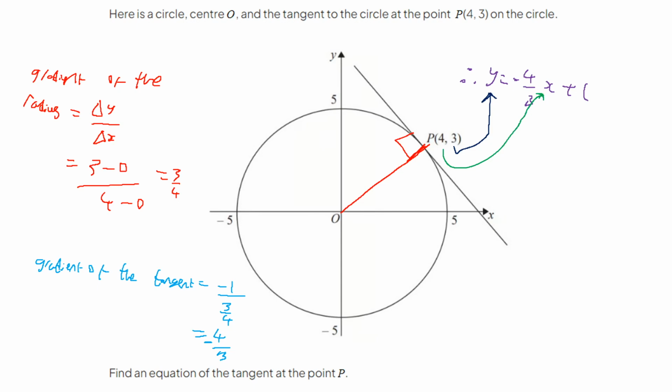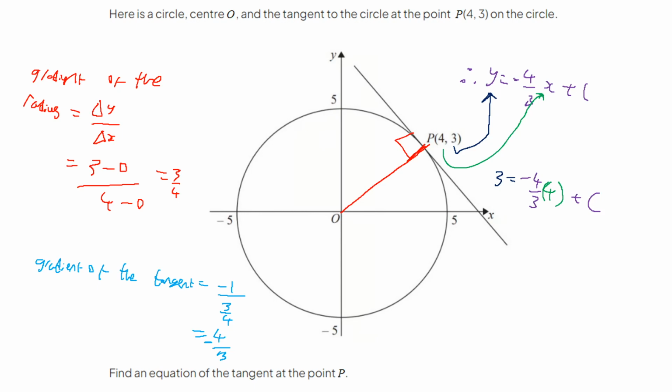So what we're left with is 3 is equal to minus 4/3 times 4 plus c.